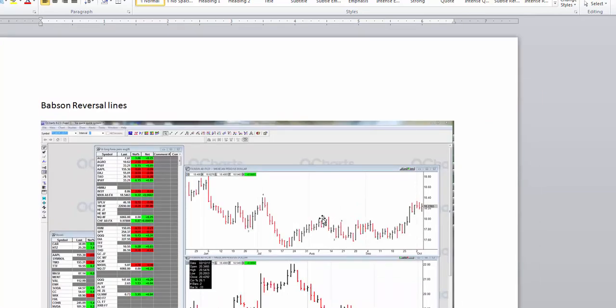Looking closely at this, this is your daily chart. 0, 1, 2, 3, 4, 5. Here was your low. And also, once again, 0, 1, 2, 3, 4, 5. This was your low.